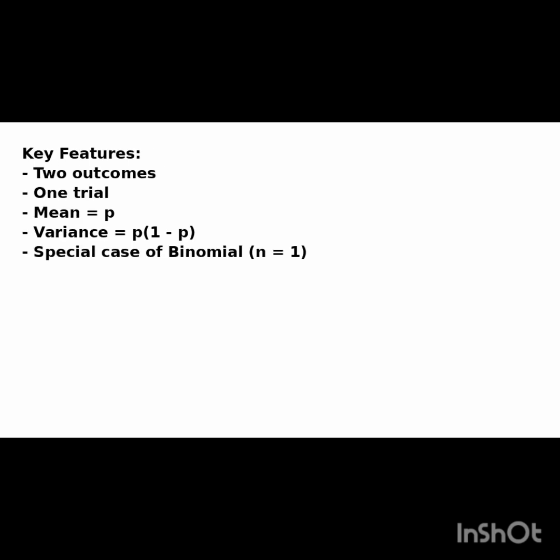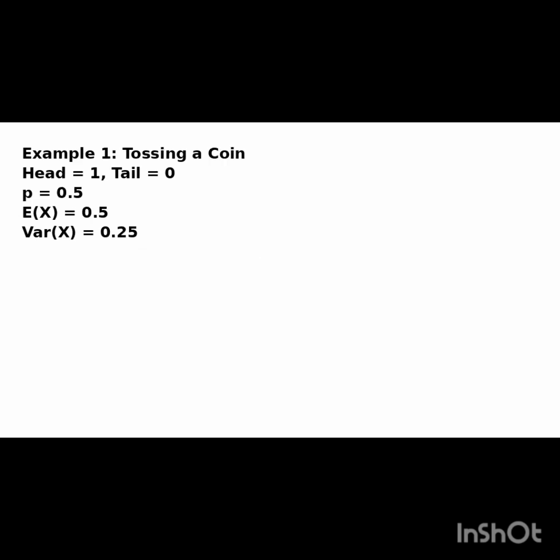If we discuss its key features, it has only two outcomes, one trial, mean is P, variance is P into 1 minus P. It is a special case of binomial, with n equal to 1. Example, we can take tossing a coin.